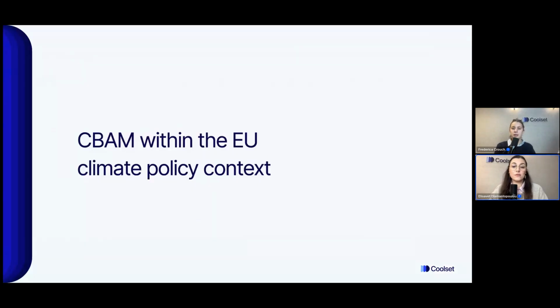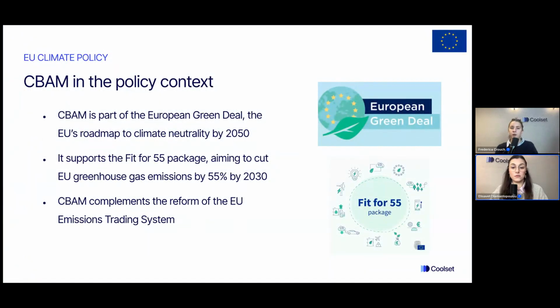Next, we'll consider CBAM a bit more broadly and how it fits within the wider EU climate policy context. CBAM isn't a standalone trade measure, but part of the European Green Deal, which is the EU's roadmap to climate neutrality by 2050. It also supports the Fit for 55 package, which aims to reduce EU greenhouse gas emissions by 55% by 2030 based on 1990 levels.